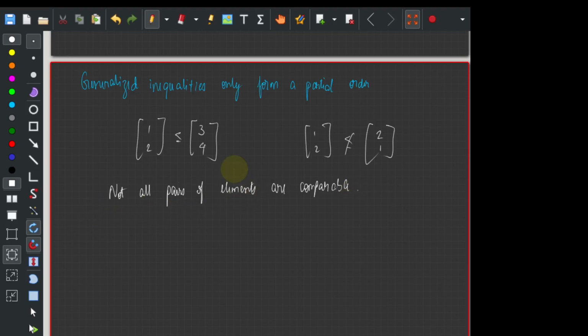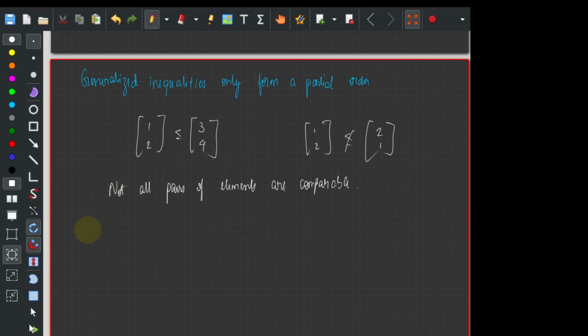So let's look at this generalized inequality. So component-wise inequality. Now in R2, suppose I pick an arbitrary point, right?